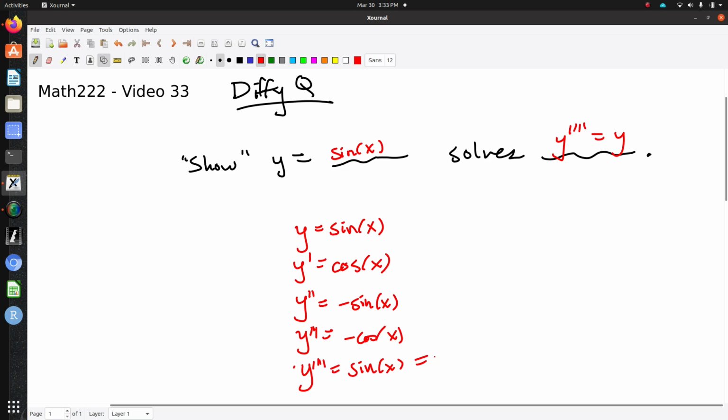And you'd say, oh my gosh, we got y back, and so that proves that this worked. Okay, so that would be how you would verify these things. You don't usually have to take 4 derivatives, but you usually have to do something else that's equally annoying.